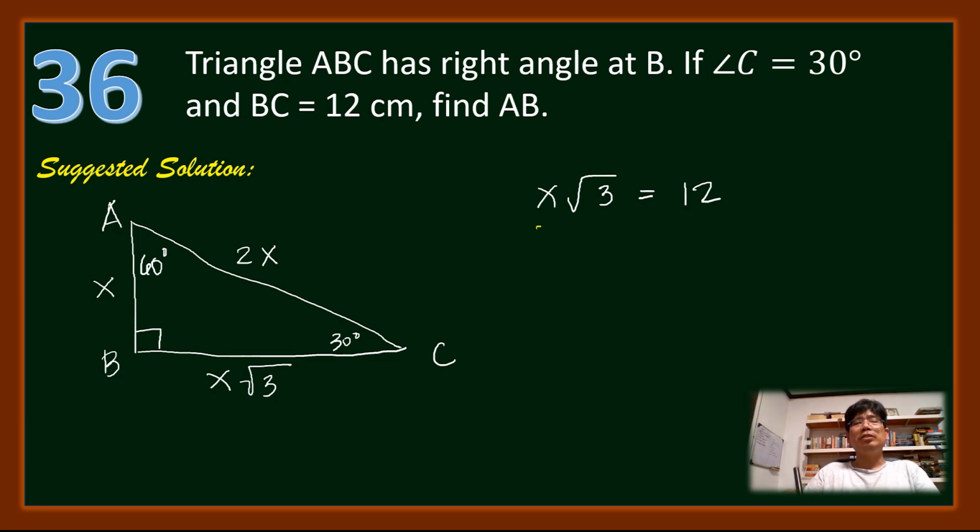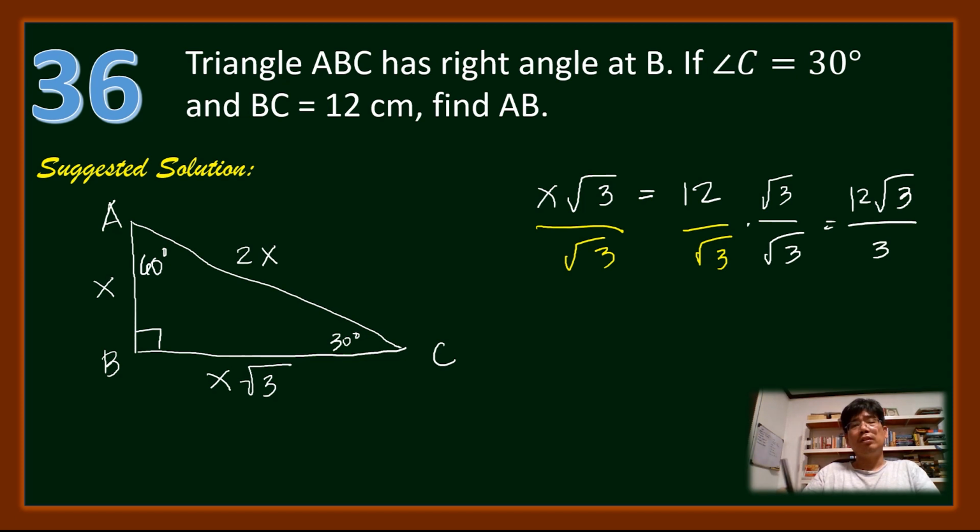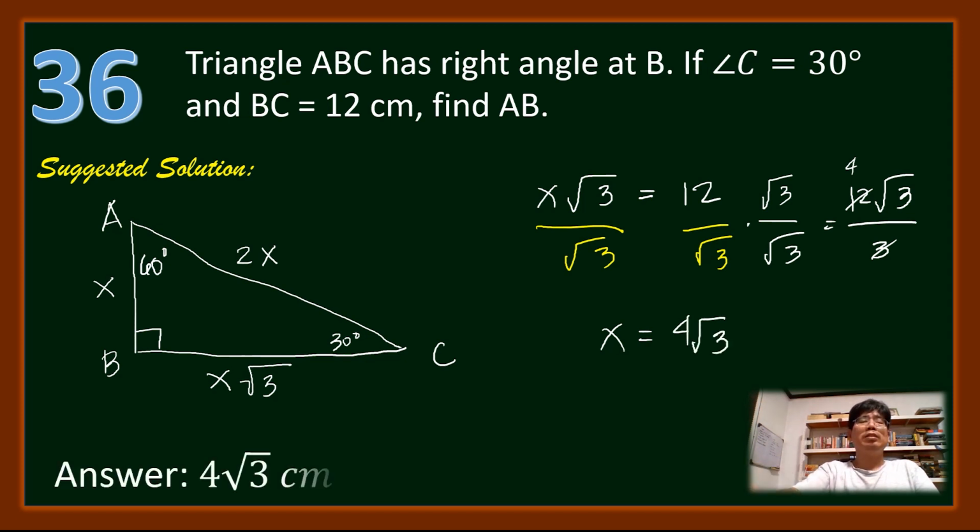Dividing both sides of this equation by square root of 3, and then rationalizing the denominator, that is to multiply both numerator and denominator by square root of 3, we get 12 square root of 3 over 3. Therefore, x is equal to 12 over 3 is 4, so we have 4 square root of 3 centimeters.